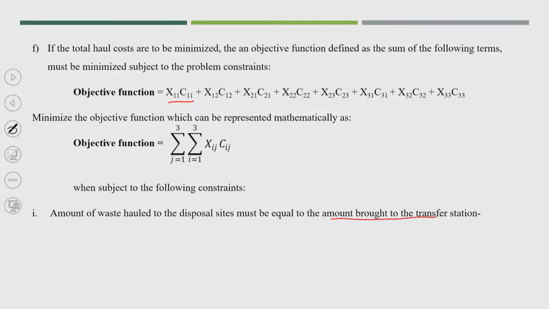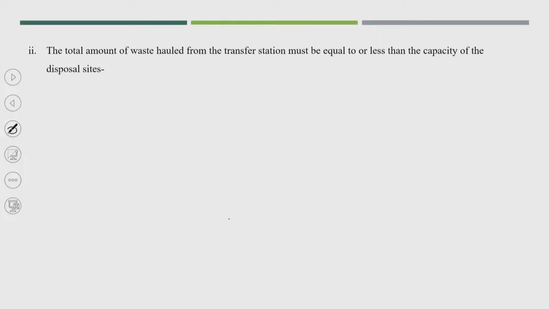Mathematically, we can write the sum of x_ij over j is equal to R_i, where j is 1, 2, 3 and i is 1, 2, 3. Similarly, another constraint is that the total amount of waste hauled from the transfer station must be equal to or less than the capacity of the disposal site.